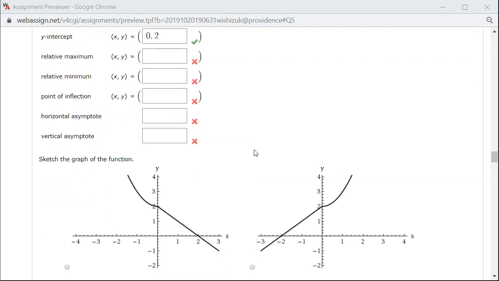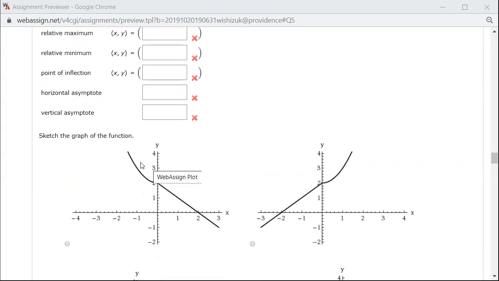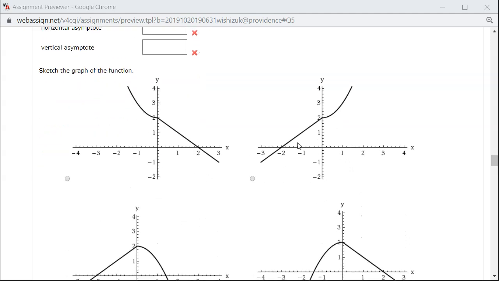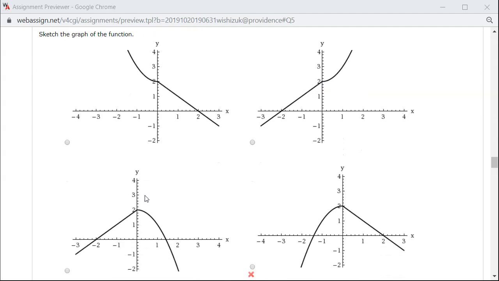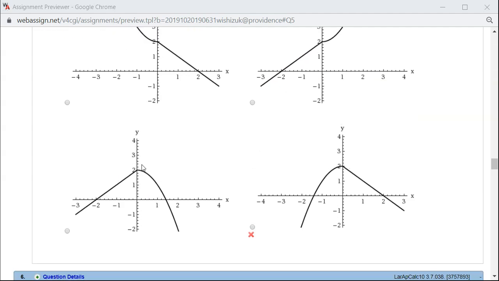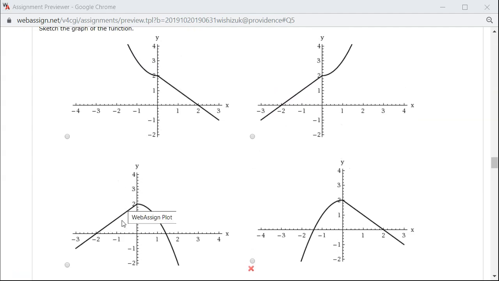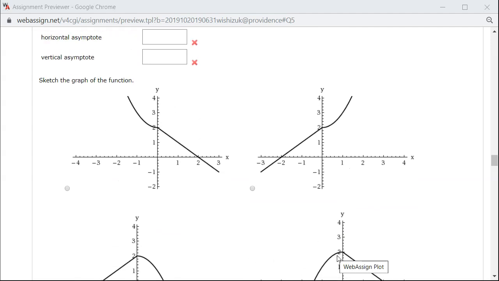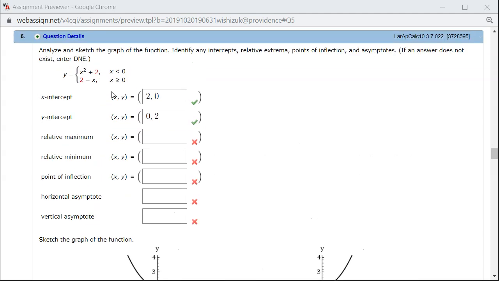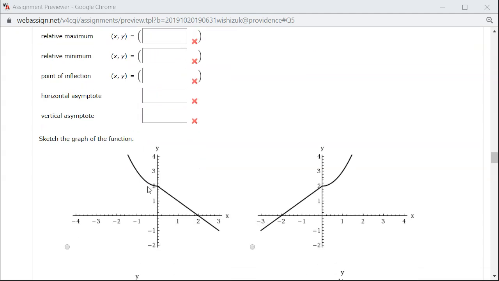So this one looks okay, and this one's not, so we eliminate the second picture. We can also eliminate the third and fourth pictures because they point downward, but x squared plus 2 is a parabola facing upward, so this is the only picture here.